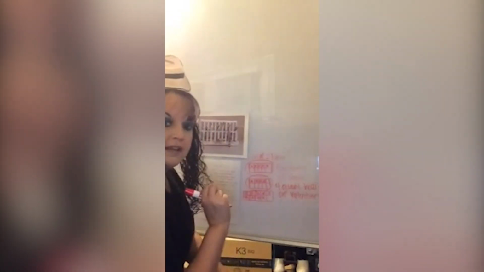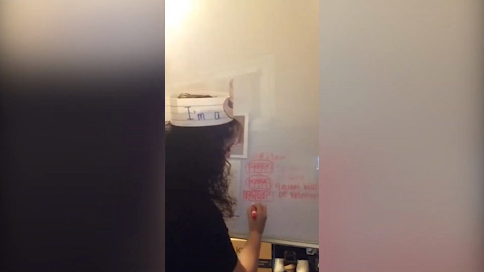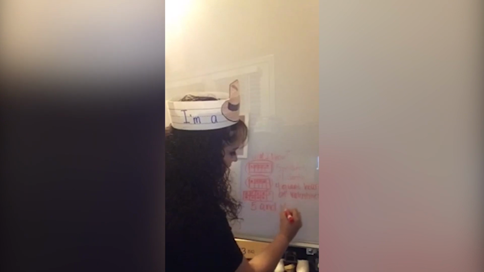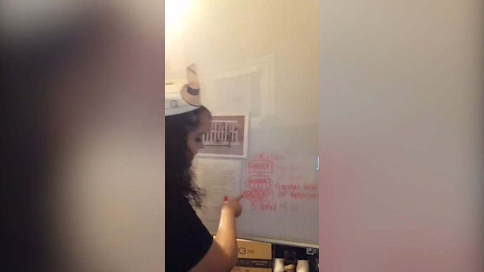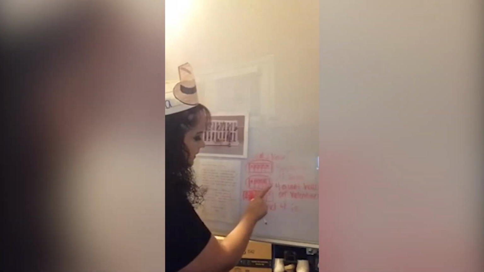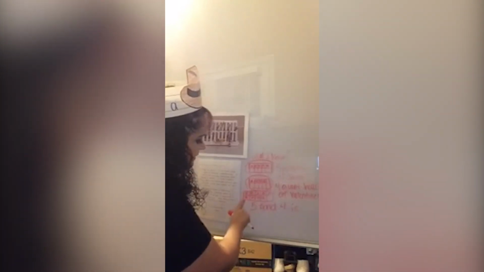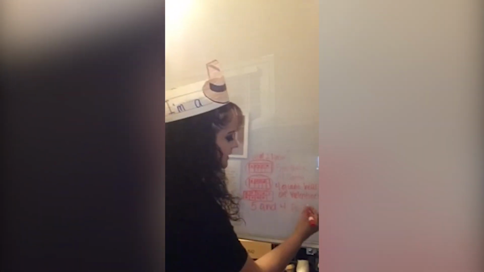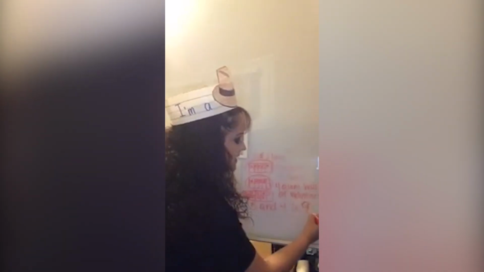So when I join them together, I got 5 and 4 is, count with me, boys and girls, 1, 2, 3, 4, 5, 6, 7, 8, 9. So boys and girls, 5 and 4 is 9. I think we've solved that mystery, boys and girls.